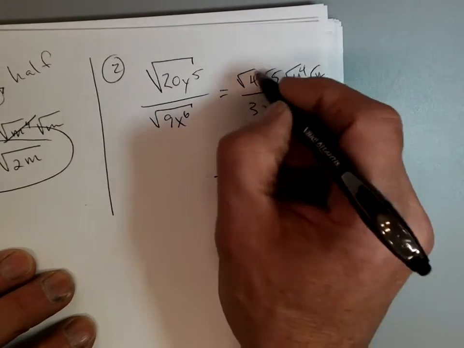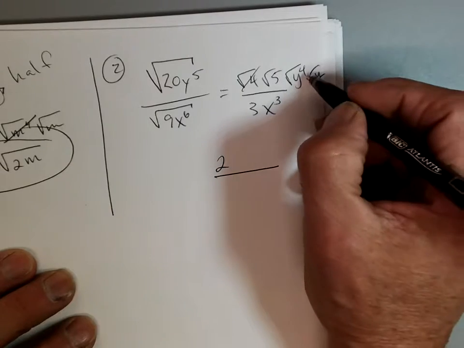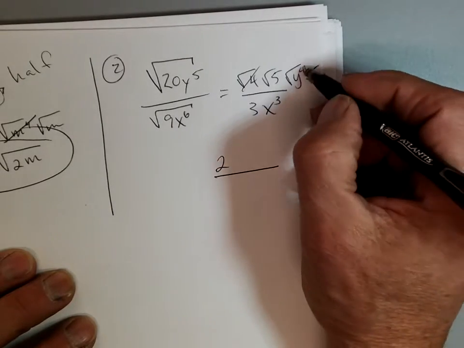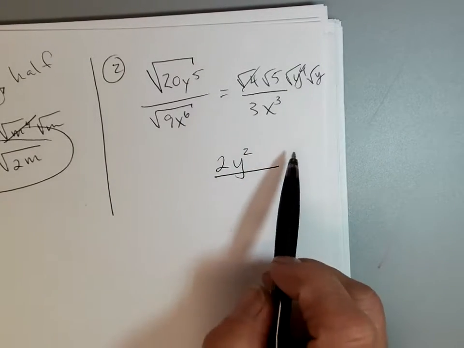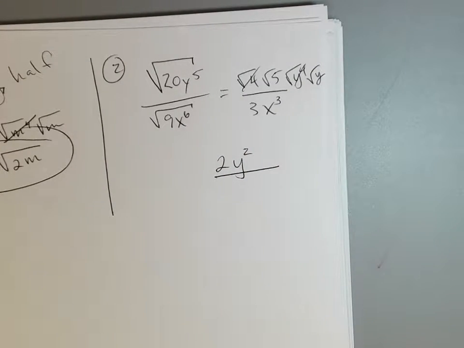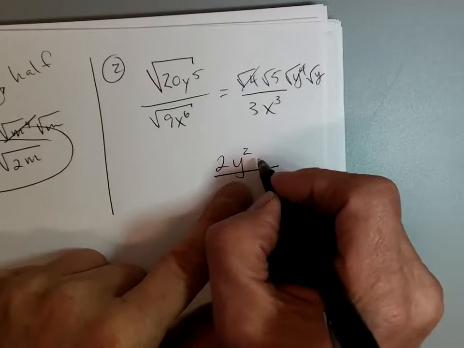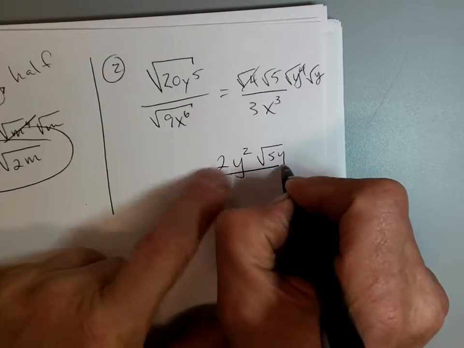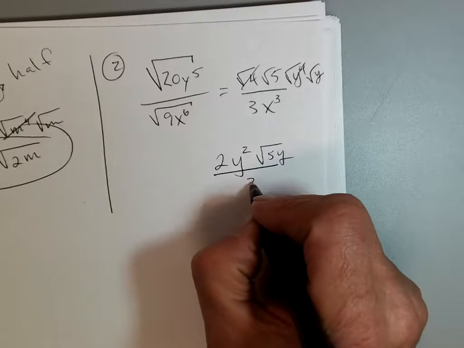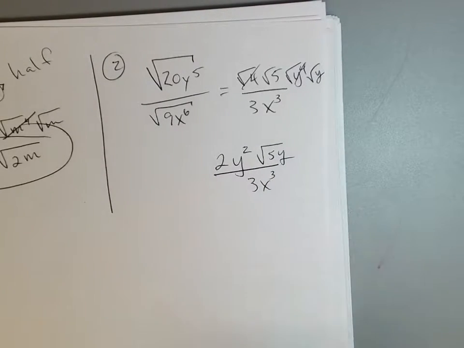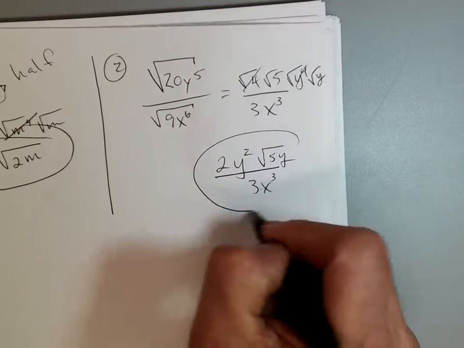No. Square root of 4 is 2. Take half of that, y squared, and square root of 5 is not a perfect square root. And the square root of y isn't, so I leave those two as square root of 5y. And in the denominator, I just have a 3x to the 3rd. So I've broken down every single square root that I could find. I've taken everything out, reduced as much as possible. That's my answer.